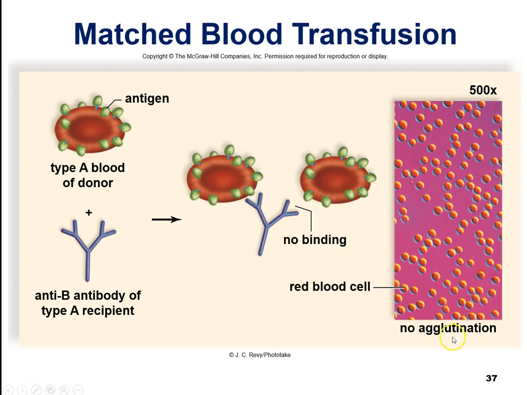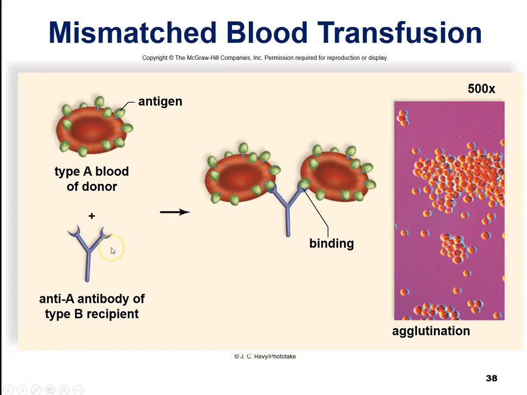Everything's fine, okay? However, if you give this person the wrong type of blood, there's going to be a problem, right? So this is showing your type A blood donor, right? Type A has these A antigens on the surface of the red blood cells. In the recipient, they're actually type B, so they have A antibodies in their blood.